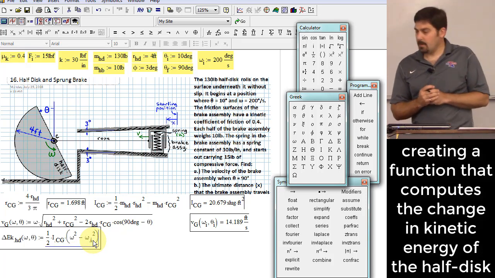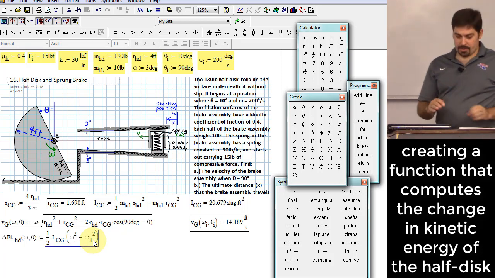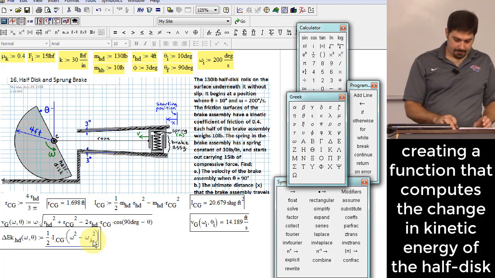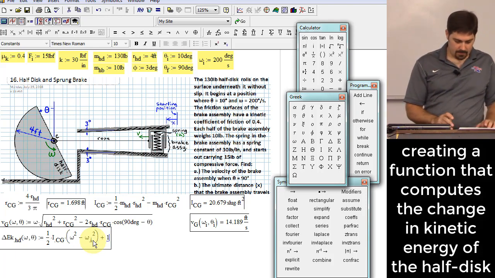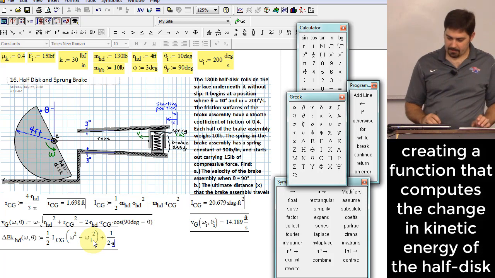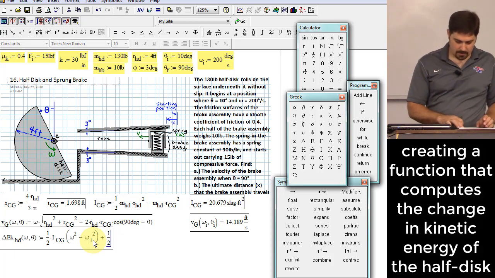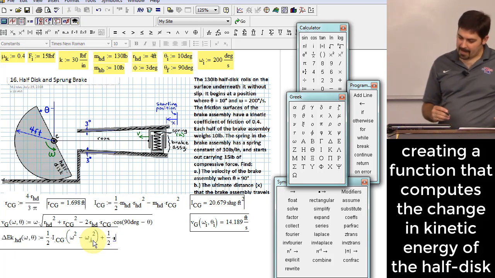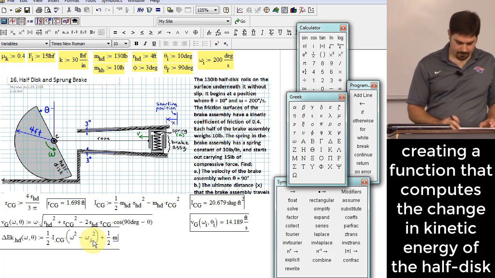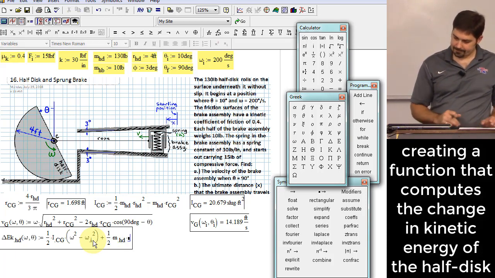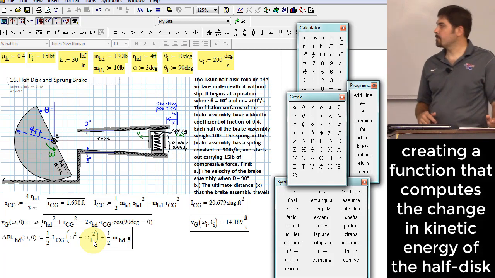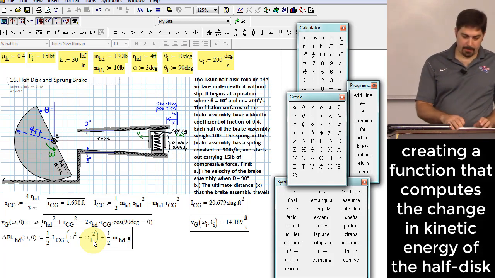All right, but I also have a linear portion of kinetic energy that I've got to deal with. So I'm going to add 1/2 times the mass of the half disk, times, and this works very similarly, right?